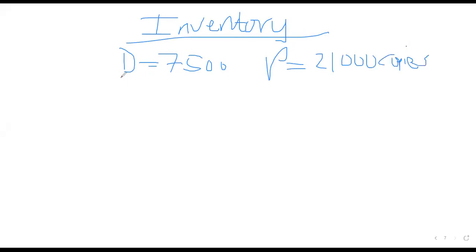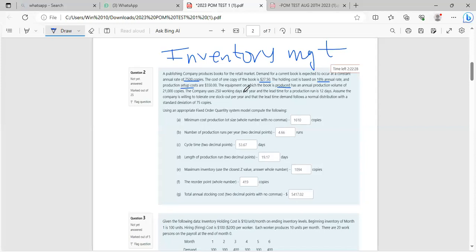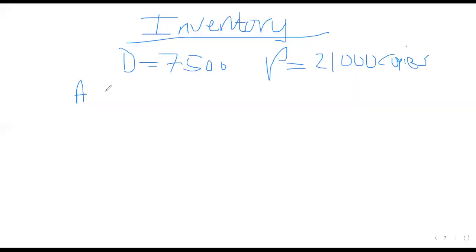Then this is annual demand. From here, we have the other information: acquisition cost per unit price, which is $27.5.